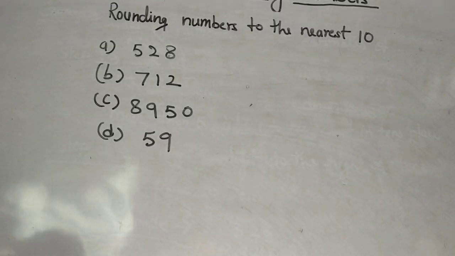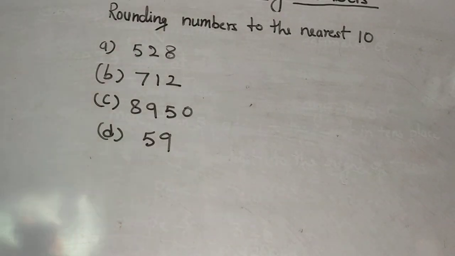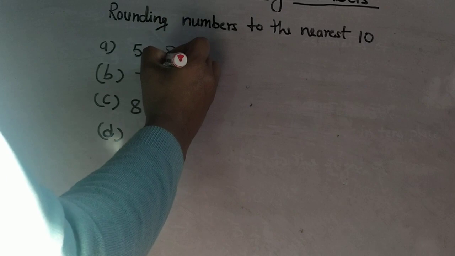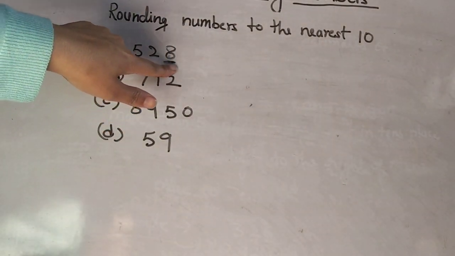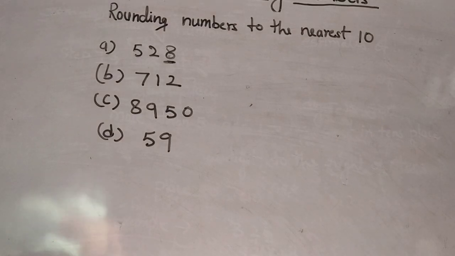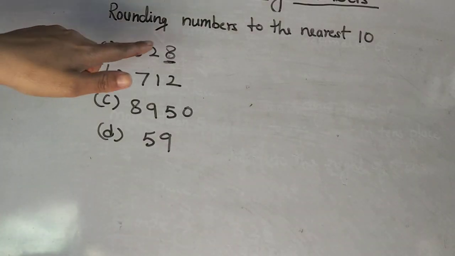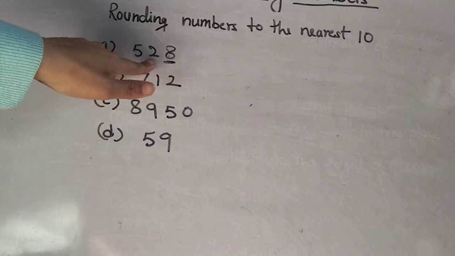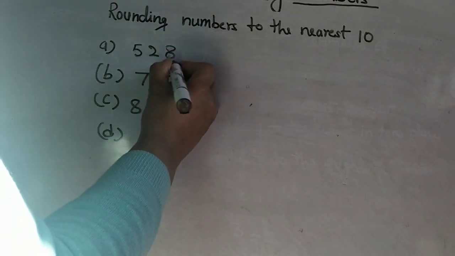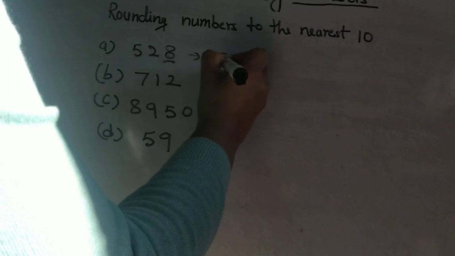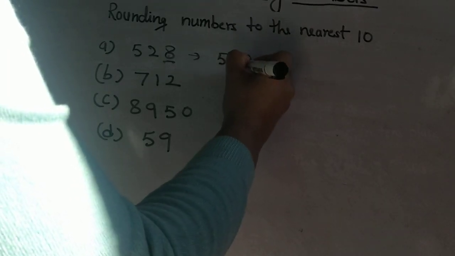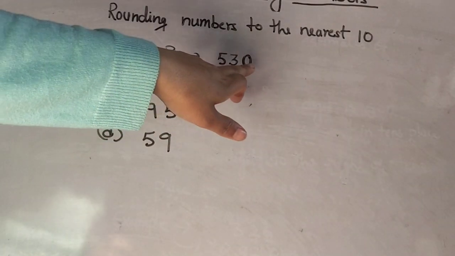So a few examples here, round off these numbers to the nearest 10. First step, right side of the tens place, which is ones place. If it is more than 5 or 5, add 1 to the tens place. Yes, it is more than 5, so we will add 1 here and change the ones place to 0.